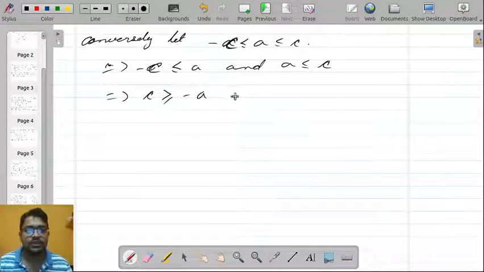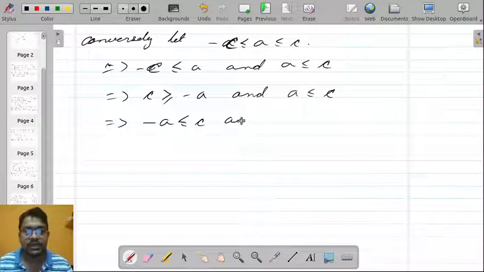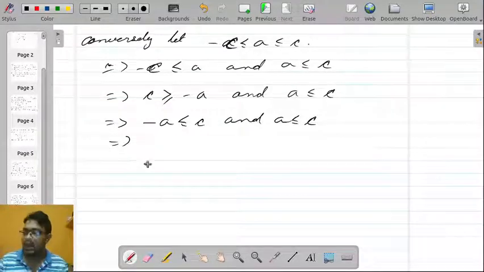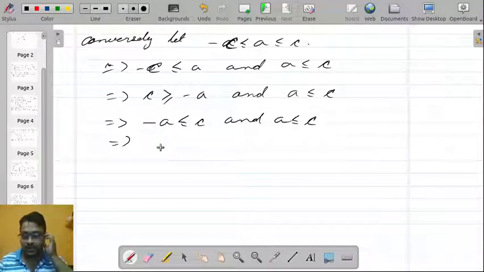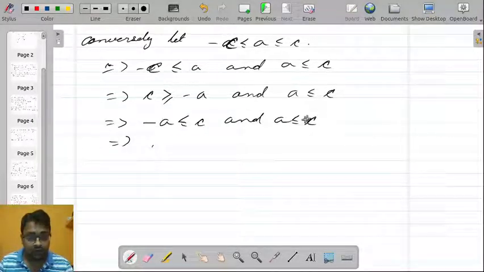So C greater than or equal to minus A, and A is less than or equal to C. So I can write this as minus A is less than or equal to C, and A is less than or equal to C.